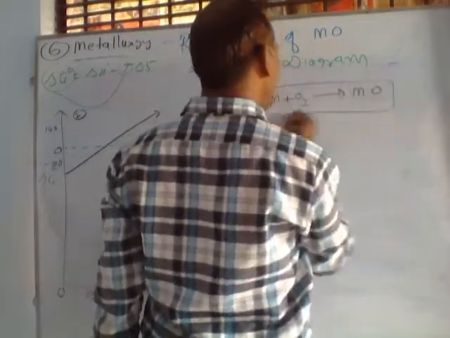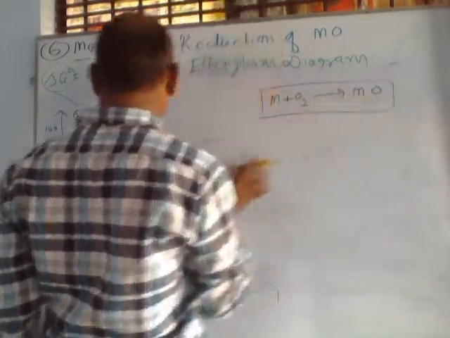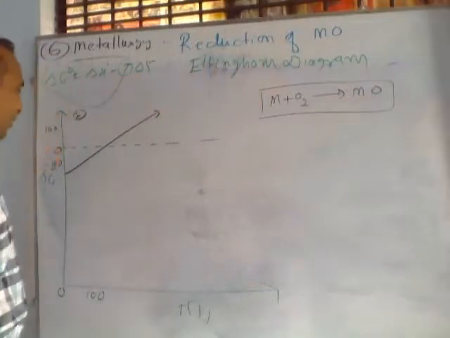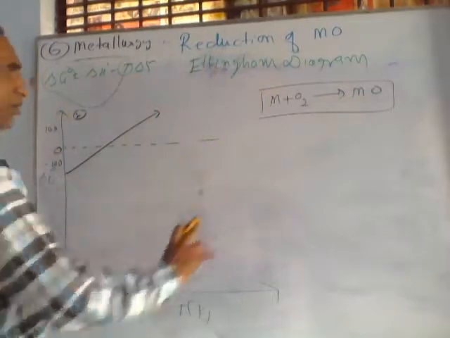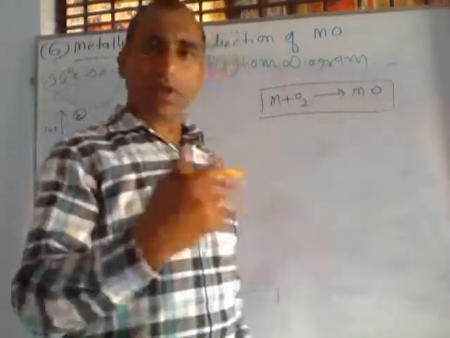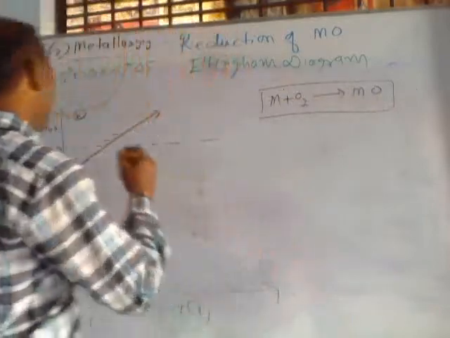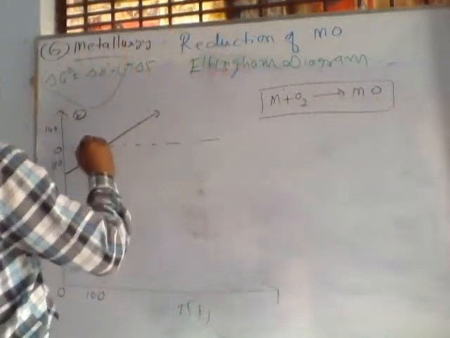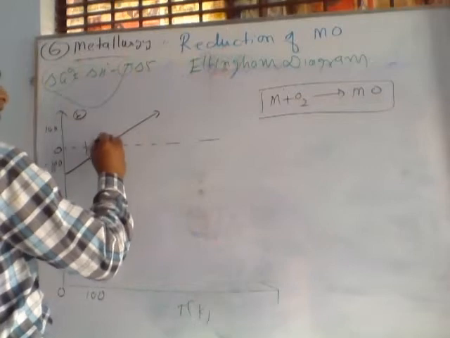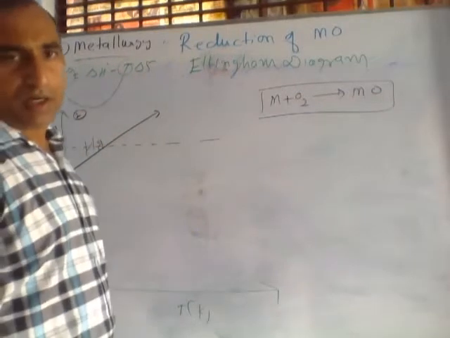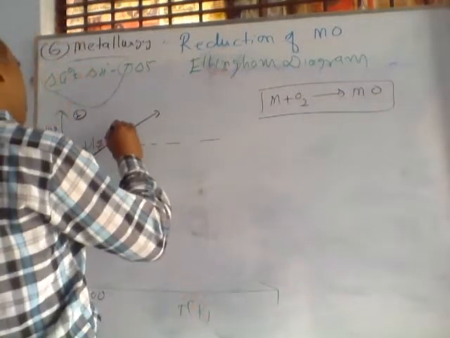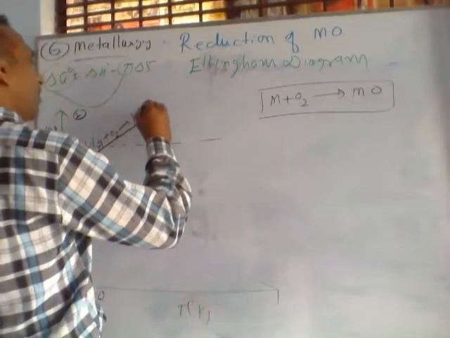All these curves are drawn for the formation of metal oxide. This line is obtained generally in the case of mercury. If mercury reacts with oxygen, it forms mercuric oxide.